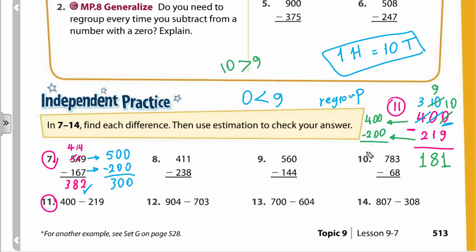Subtract: 0 minus 0 equals 0, 0 minus 0 equals 0, and 4 minus 2 equals 2. So it's 200. Is 181 close to 200? Yeah, so it's a reasonable answer. Okay, thank you, Ibrahim. Great work.